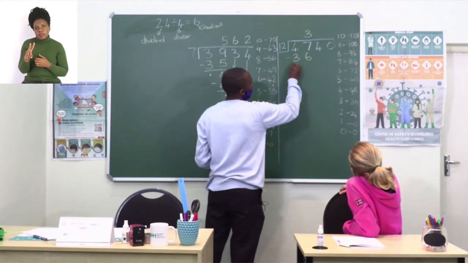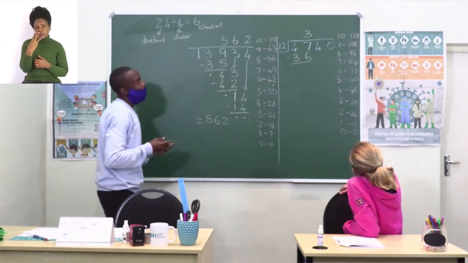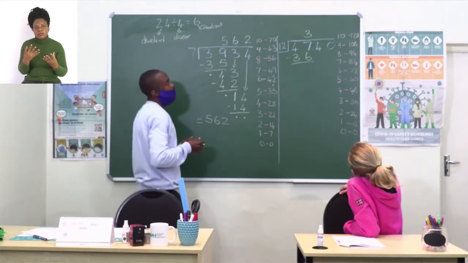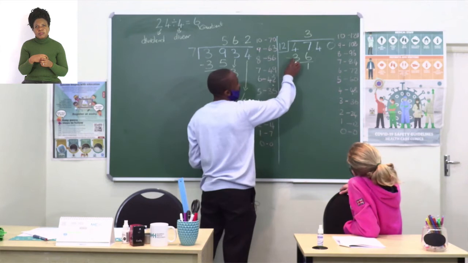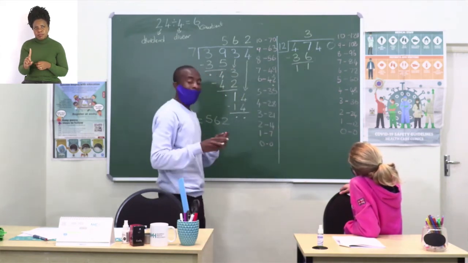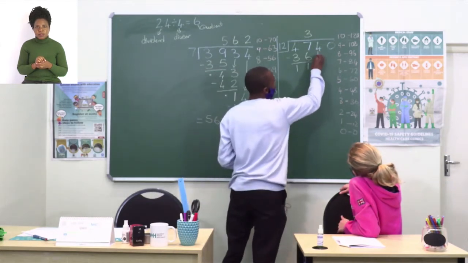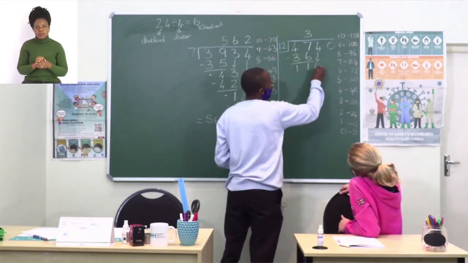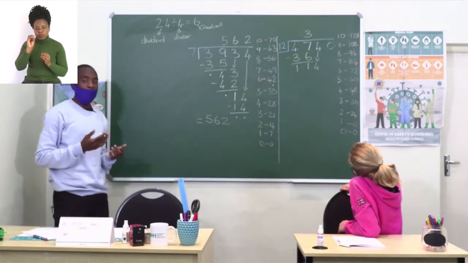Okay, I subtract these 2 numbers. Then I say 7 minus 6 will give me 1. 4 minus 3 will give me 1. And then lastly, make sure you always drop your next number. And now we have 114.